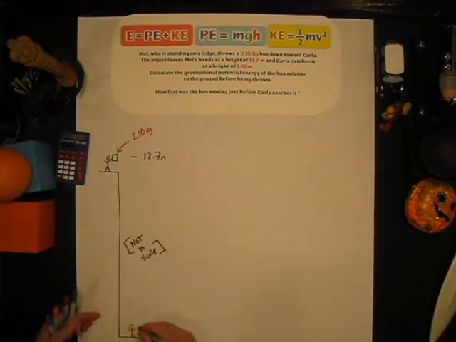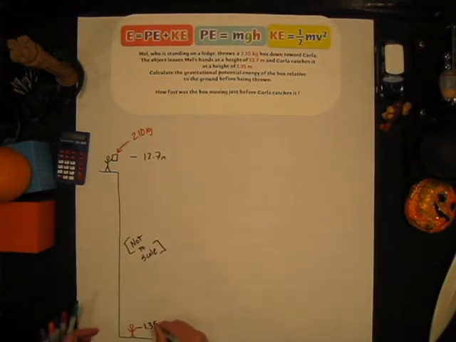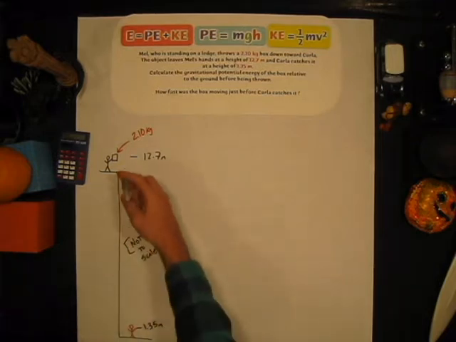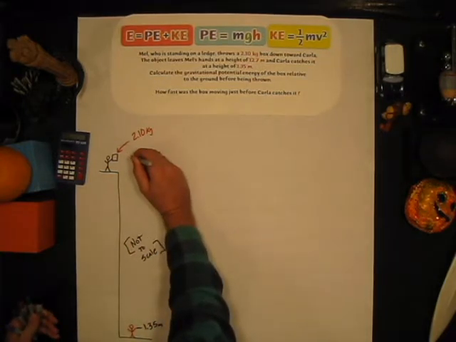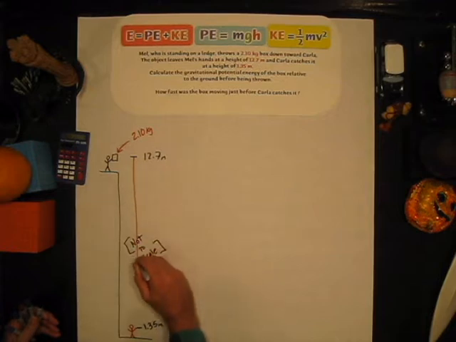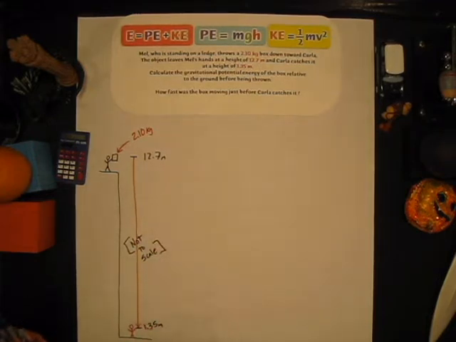And then the height that she catches it, right here, is 1.35 meters. So this box is going to be dropped from there down to there, and I'm assuming she's not going to miss it.